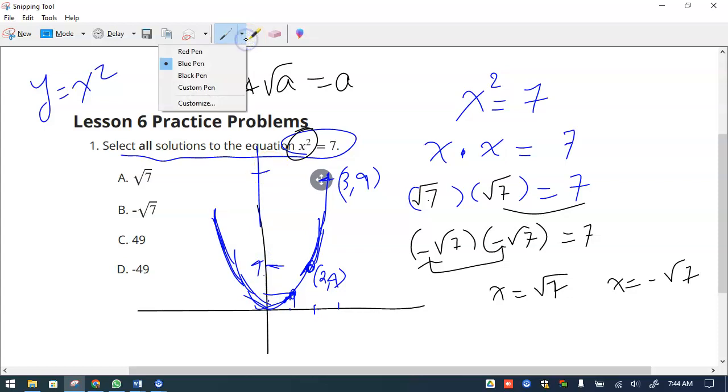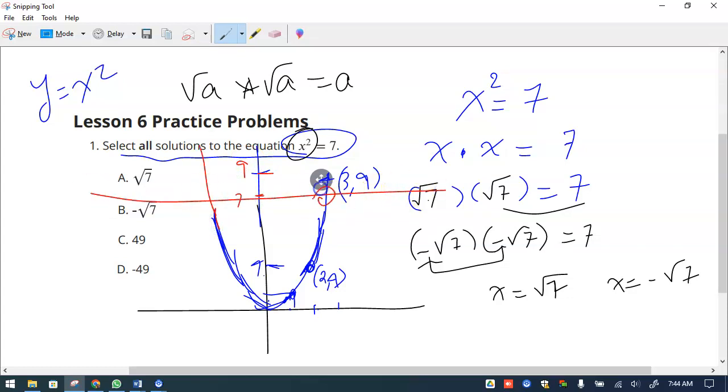Now the question is, where does the graph cross 7? If this is 9, somewhere here will be 7, and you can see this is where it crosses twice.